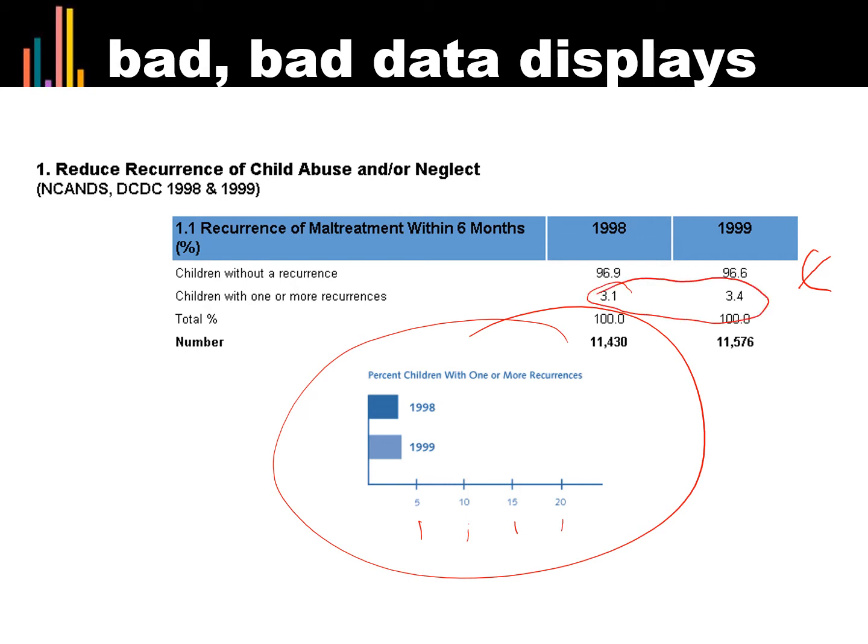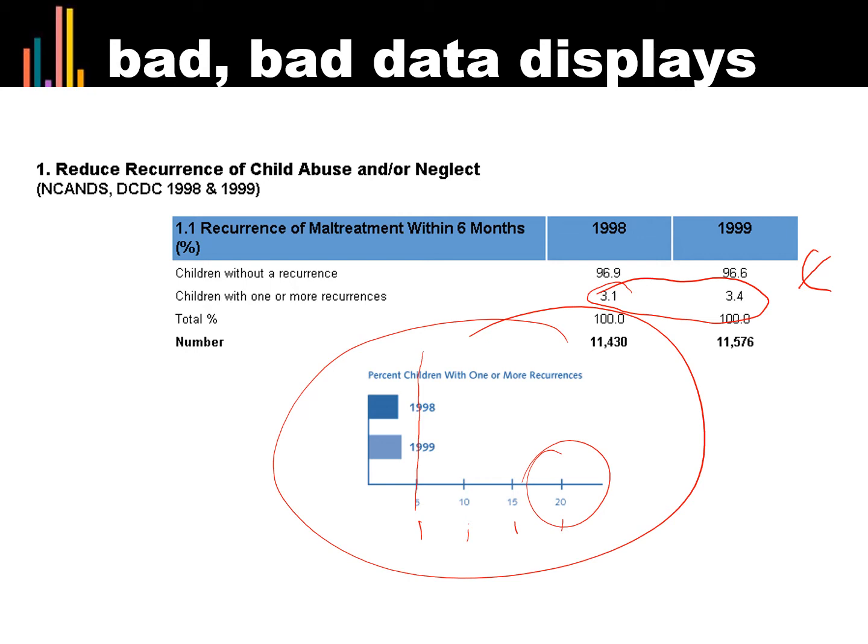But notice the scale is bad. So this is also a problem of scale. If this is 5 and the numbers are 3.1 and 3.4, why would you go to 20, right? You'd want the scale to go from 1 to 5, or maybe within 2 and 4 or something, because those numbers are so small.